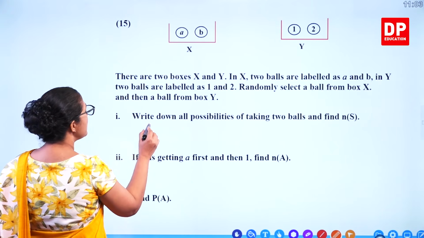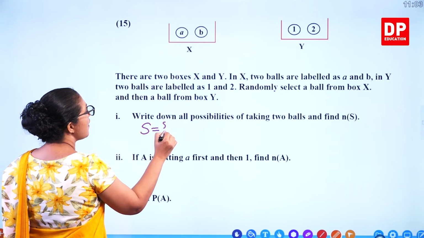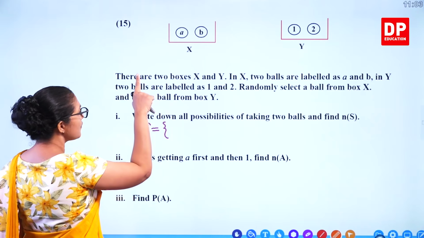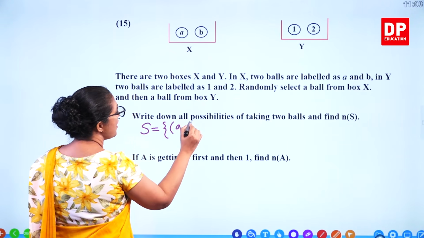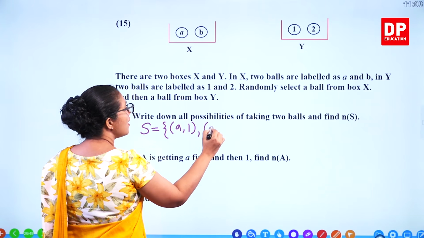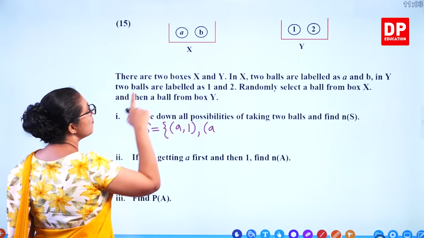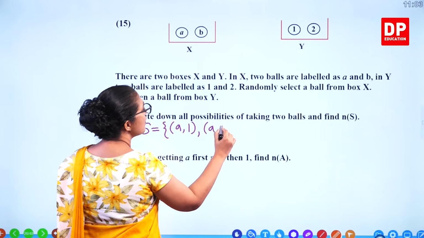So what are the possibilities? Now you can write at once. If you take A from here, you can get 1 there. Or A from the first box, that's X, and you can get 2.